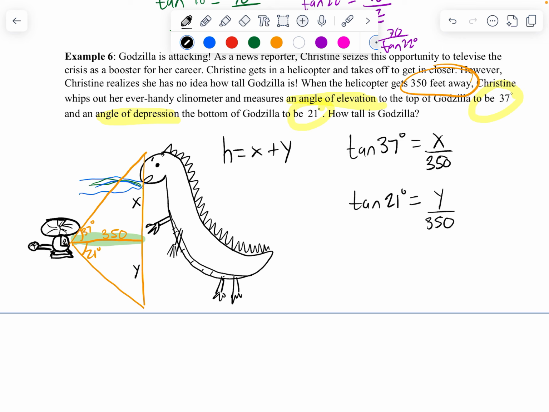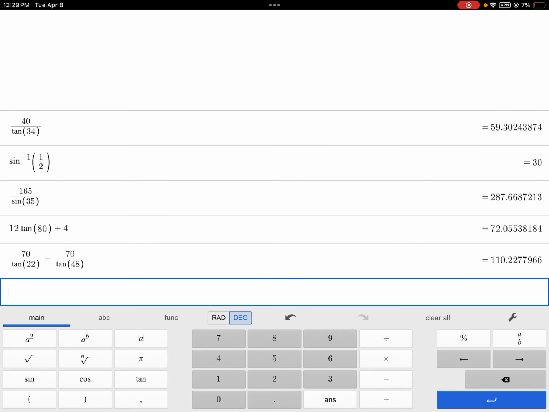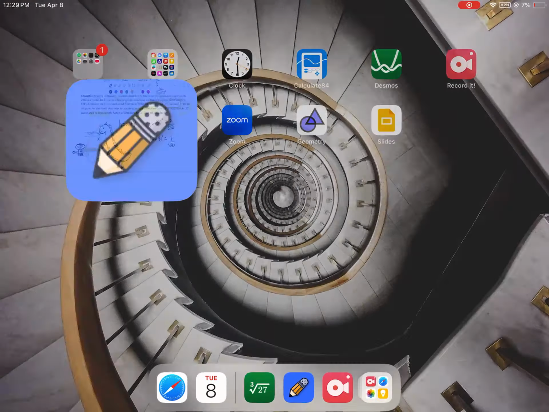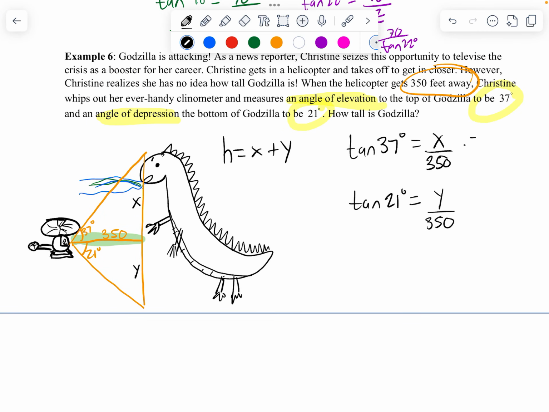Times 350 on both sides, and you are set for solving. So all we need to do is figure out our x, which will be 350 times the tangent of 37 degrees. Same thing for the y, literally that exact same solving step.